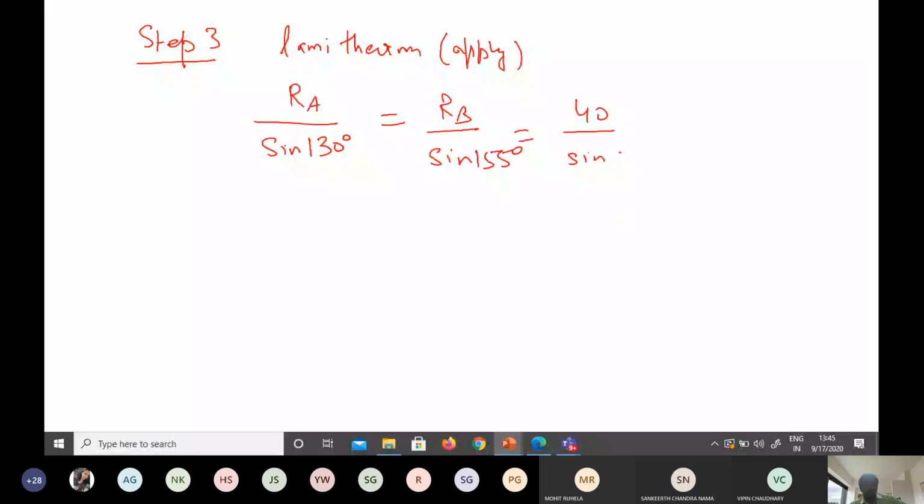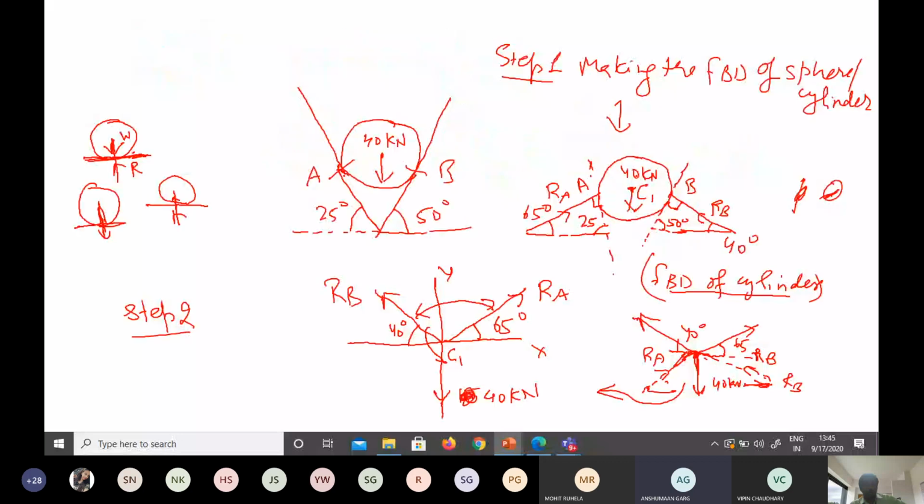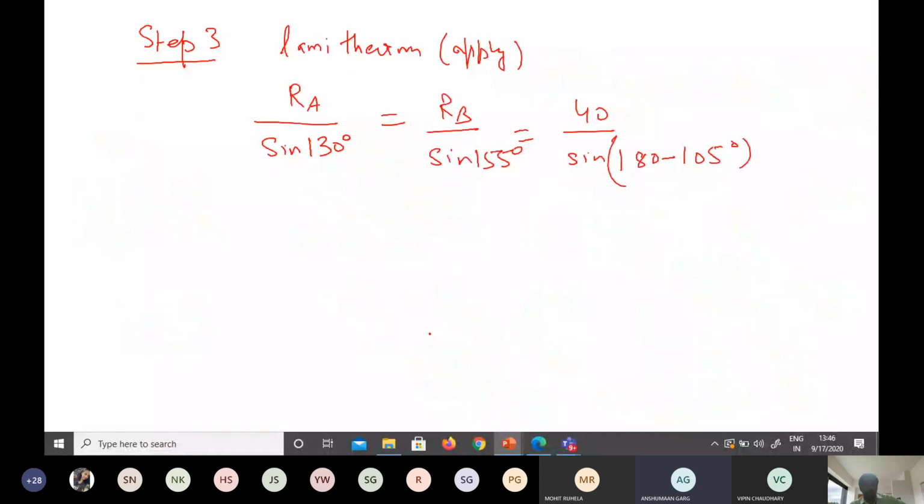How is it RA upon sine 130? See, this is RA. Lami's theorem states that RA upon sine of the angle between the other two forces. What are the other two forces? This is one force and this is the other force. This angle is 90 and this angle is 40, so 90 plus 40 is 130.